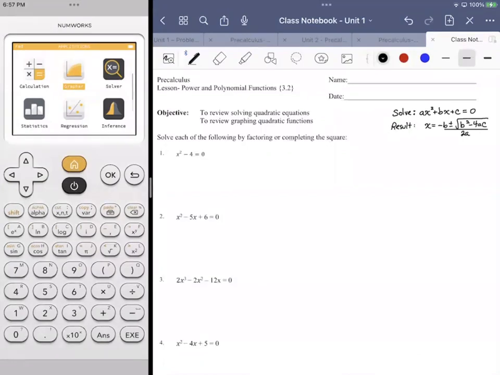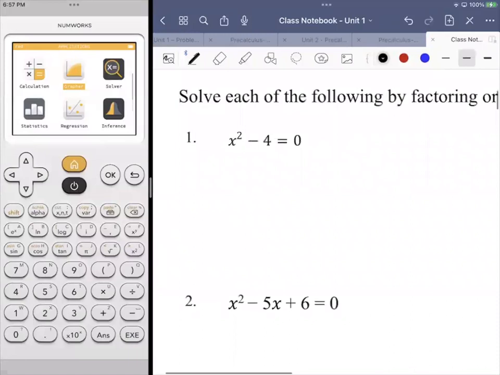All right. But sometimes you don't need to do any of that. For this one, I could just add a 4 to both sides and get x squared is equal to 4. Now, if I want to get rid of a power of 2, inverse operations are the name of the game.